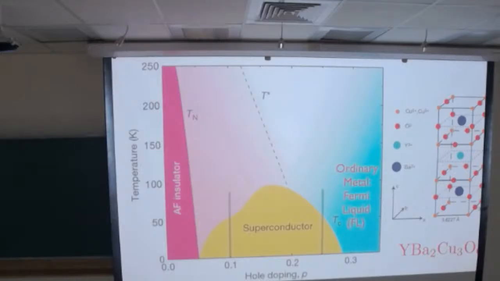Okay, but if I look out here on the right-hand side, where the TCs are low, everything seems to be very familiar, and it looks like any ordinary metal like copper or gold in its properties.